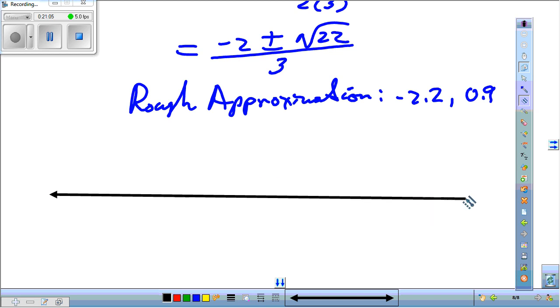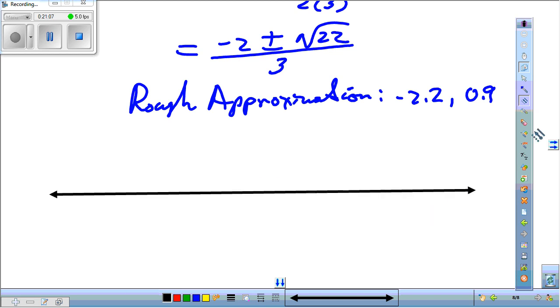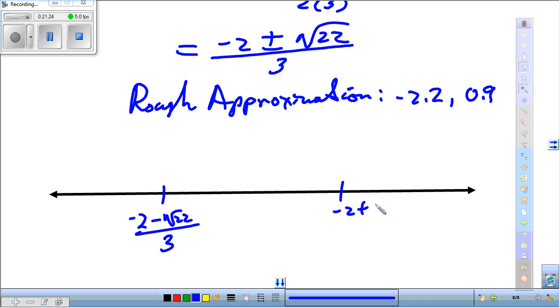So I set up my number line, with the relative position of the two values: minus 2 minus square root of 22 over 3 will be close to minus 2.2, and the other one, minus 2 plus the square root of 22 over 3, very close to 0.9.